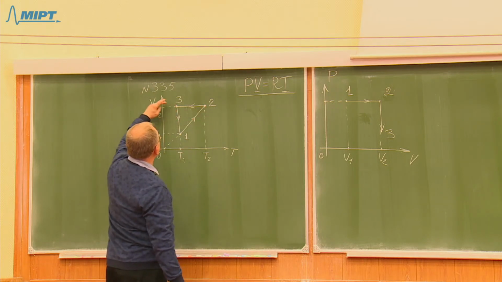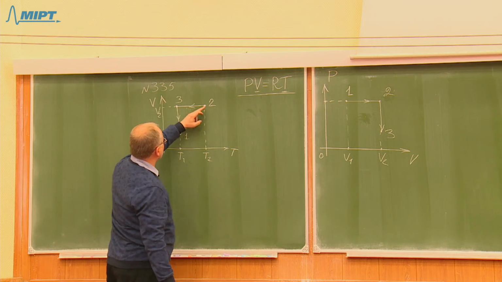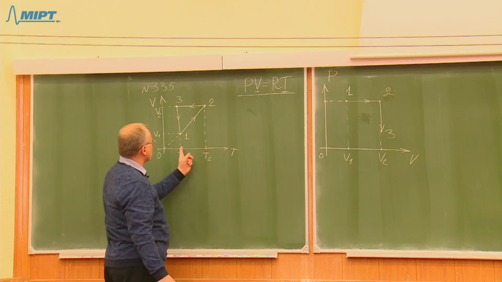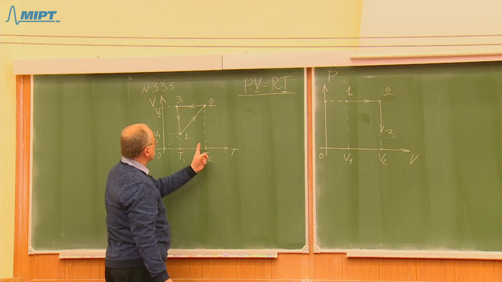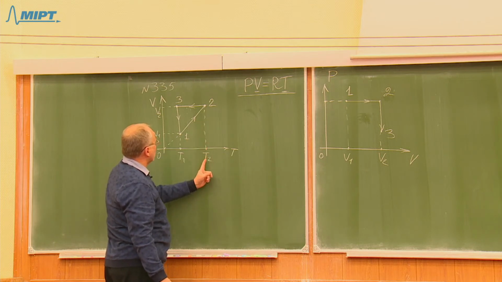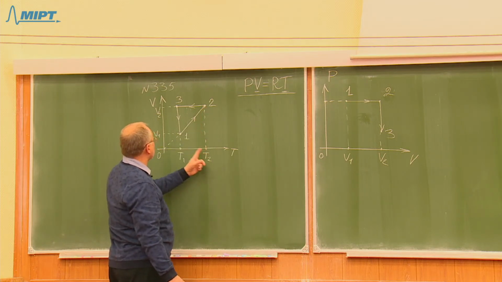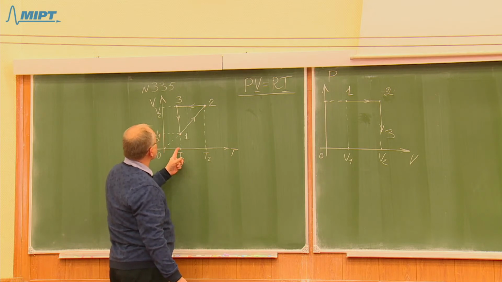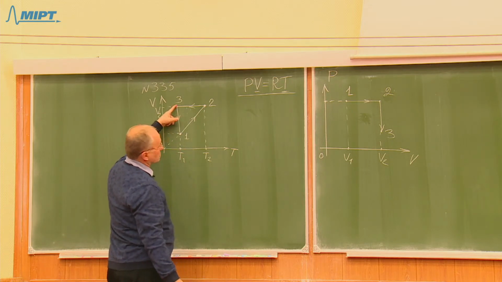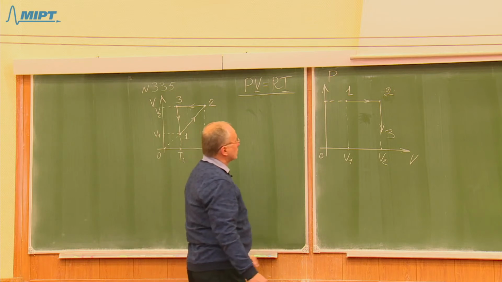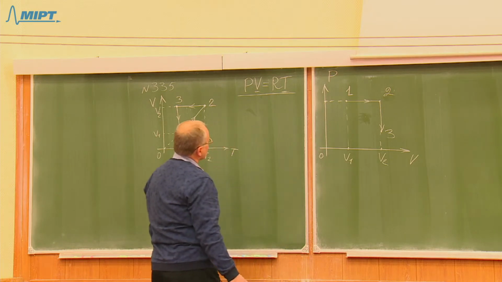The direction of the process at constant volume is such that the temperature of the gas decreases, from T2 at the second point to the original temperature T1 at point 3.